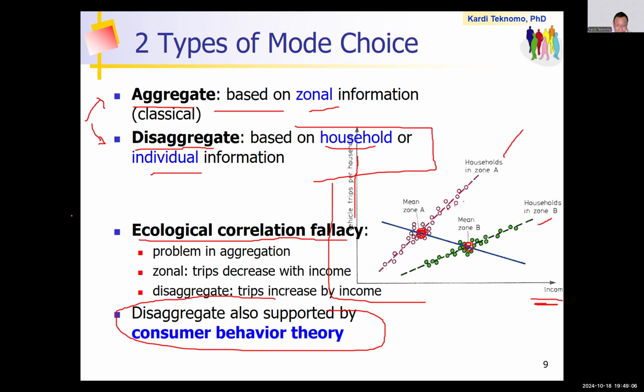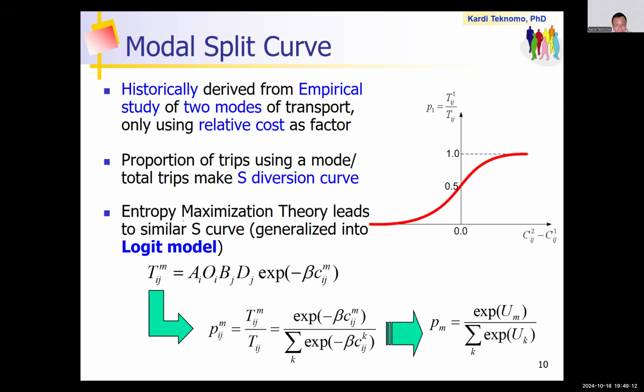So the technique to compute mode choice, historically, was based on two modes only. One is private vehicles, the other one is public transport. Just the two modes.